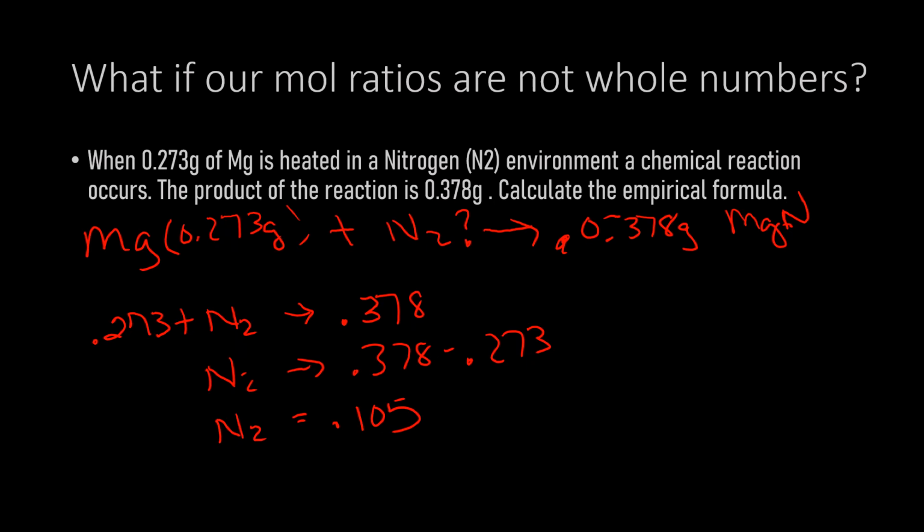So now we need to change those masses to percentages so that we can get a nice even number sample. So we have Mg and we have N. We said Mg had a mass of 0.273 and nitrogen had a mass of 0.105.